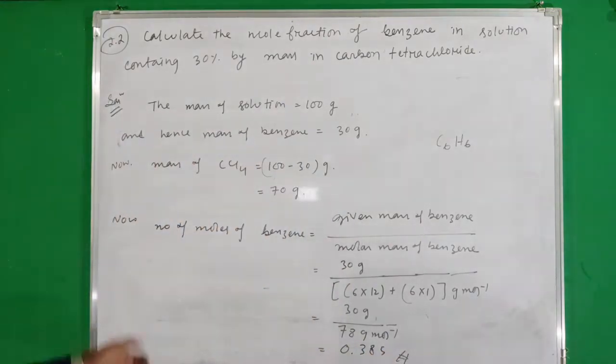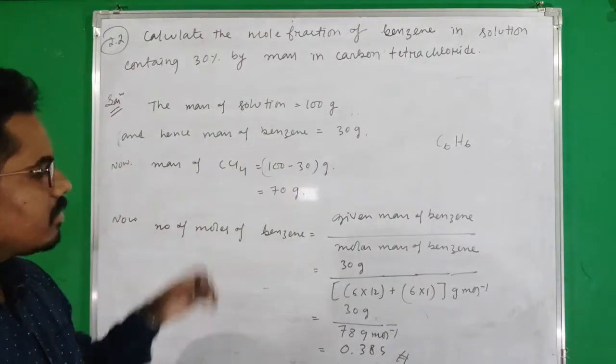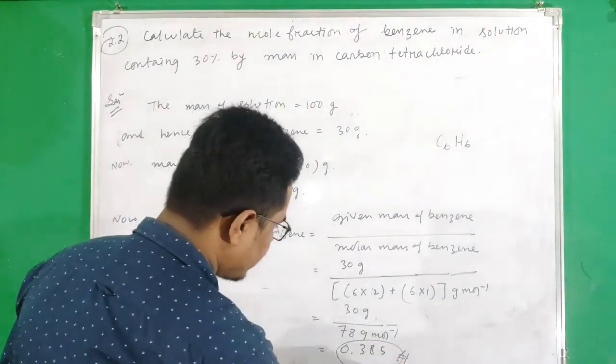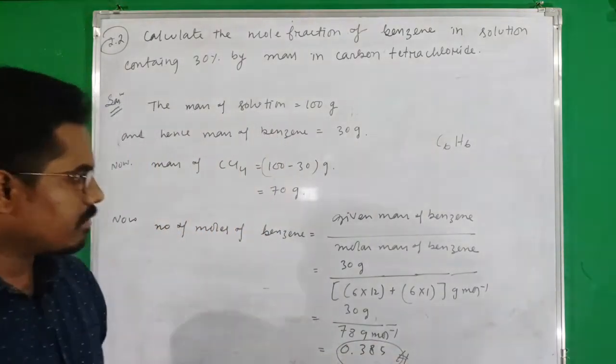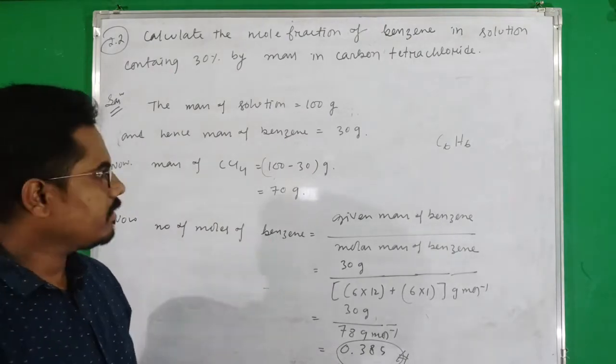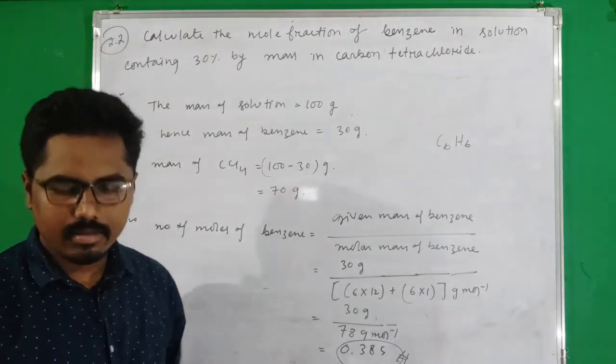Now again we have to determine the number of moles of carbon tetrachloride. We get the number of moles of benzene. Now we will determine the number of moles of carbon tetrachloride. After that we will determine the mole fraction of benzene and carbon tetrachloride in the solution.